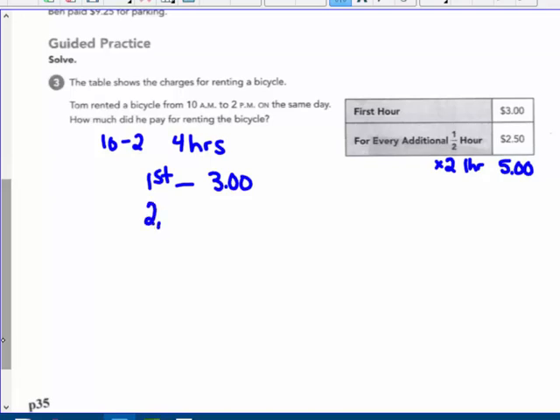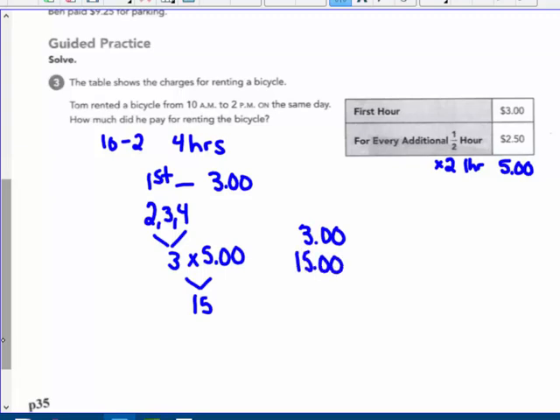The second, third, and the fourth hour, that's 3 hours altogether, is $5 for each of those, right? So 3 times 5 would give me 15. So the first hour is $3, and the next 3 hours would be $15. So our friend Tom would be paying $18 for the total cost of renting the bicycle. So the answer is $18.